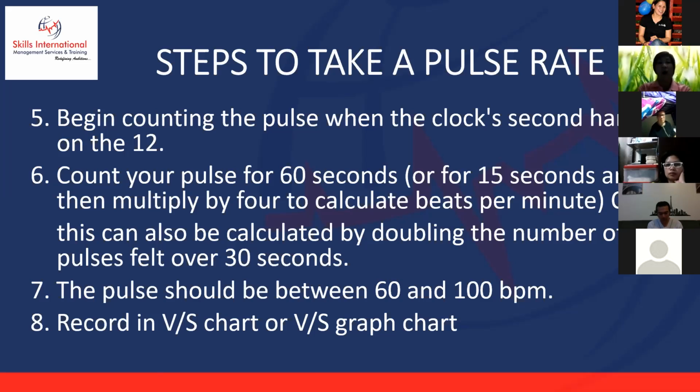Okay, so once you felt the pulse and the second hand is on the 12, start counting the pulse. 1, 2, 3. You can feel it. Try to feel your pulse now. Once you feel your pulse, it is rapid. It depends.